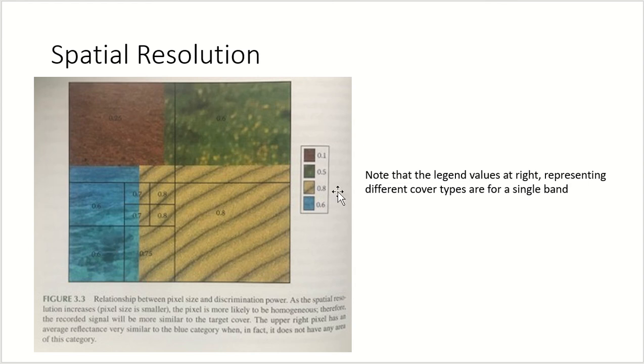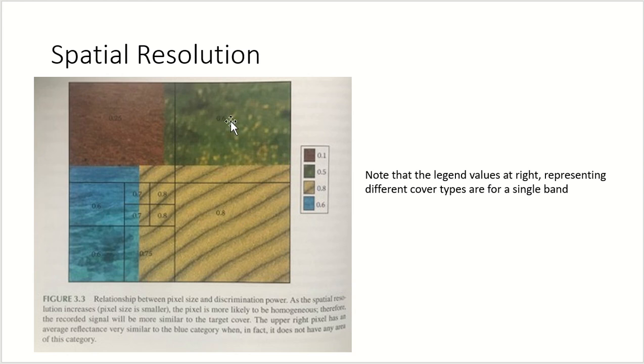There's a range, but based on the degree to which a grid cell is mixed and the specific components that are part of that mix, you'll have an aggregate or composite measurement that takes into account what is there within the footprint of the grid cell, but also how prevalent it is. So for this big grid cell in the bottom right, all of its footprint is within this yellow category, so it has a reflectance of 0.8.